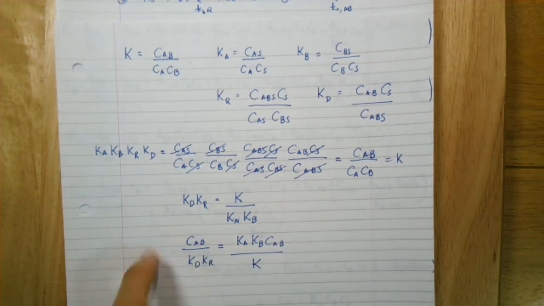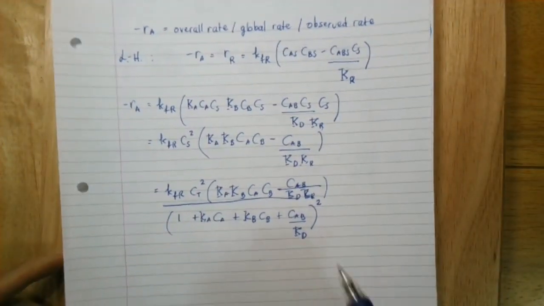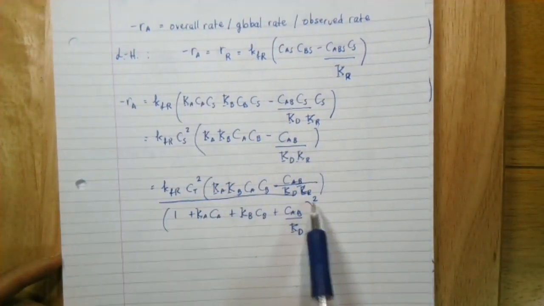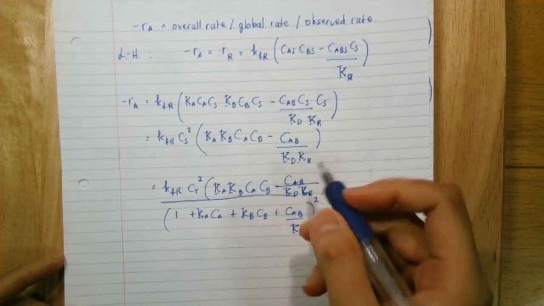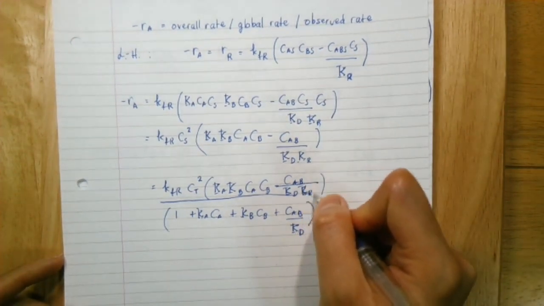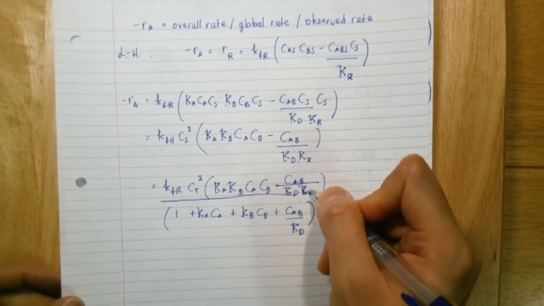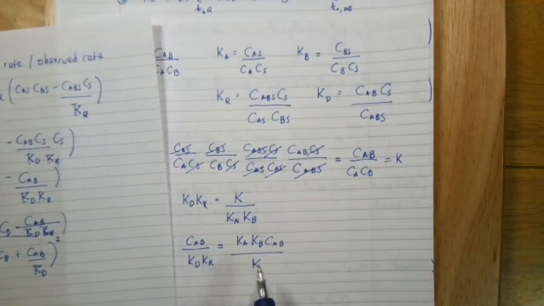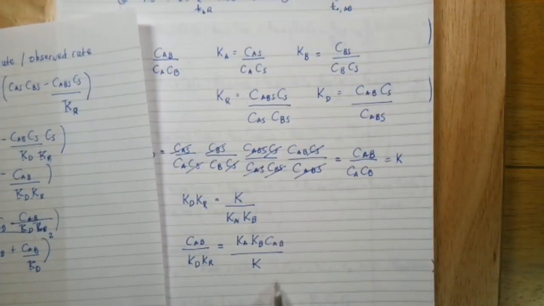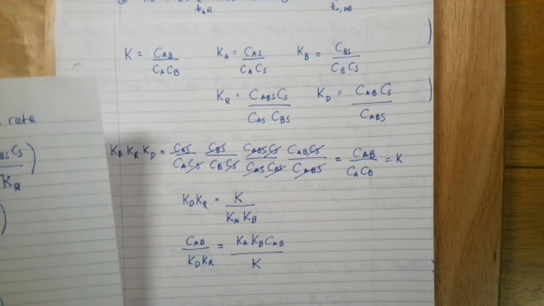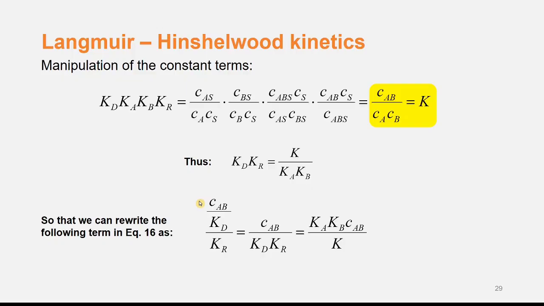So I can substitute this into my overall rate expression and get rid of the surface reaction equilibrium constant and express that in terms of the overall equilibrium constant, K. This is the relationship that we just have derived.